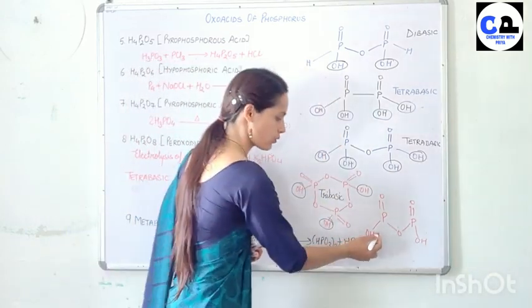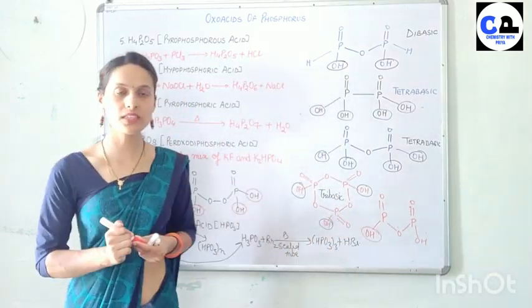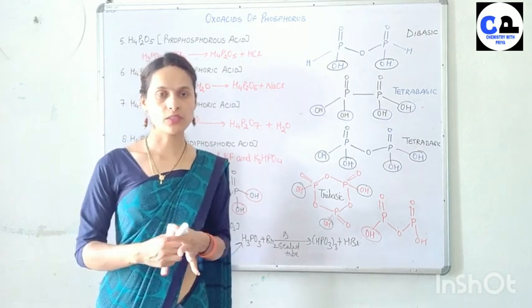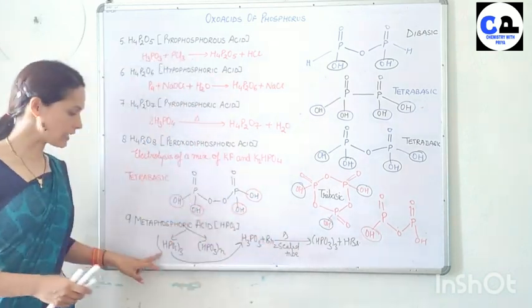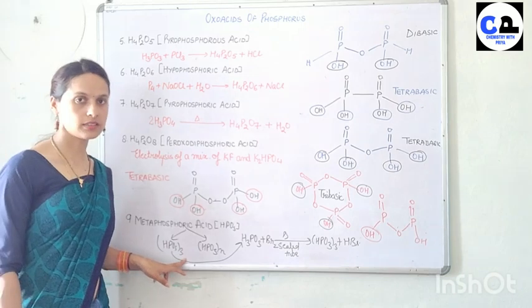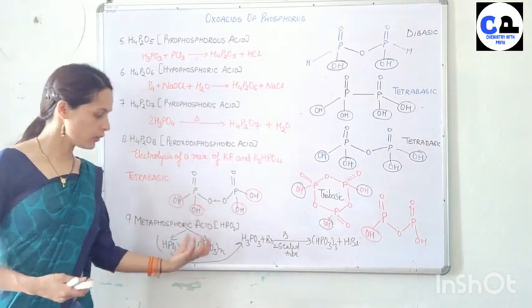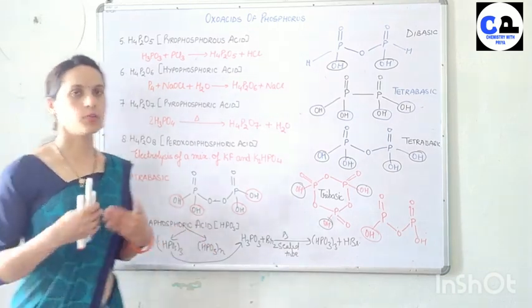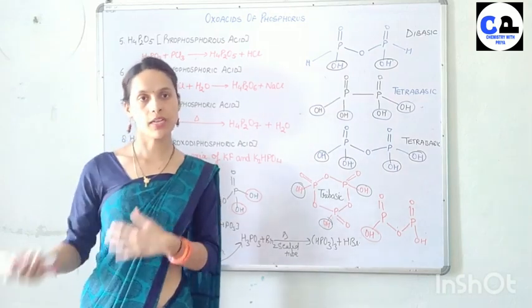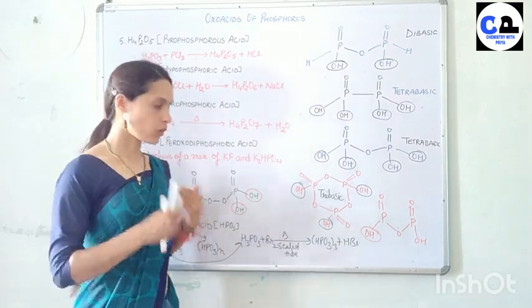Due to the presence of only one OH group, this one is monobasic. So cyclotrimetaphosphoric acid is tribasic, whereas the linear polymetaphosphoric acid is monobasic.